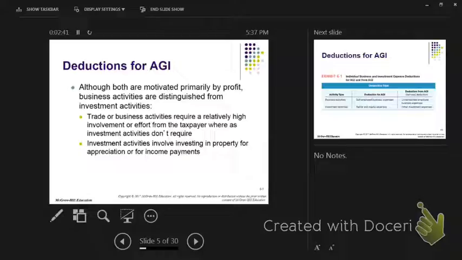Were you actively involved? If the answer is yes, then you're looking at a business activity. Or investment activities are things like maybe rental property where you're not doing anything.